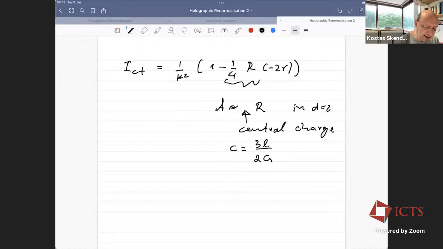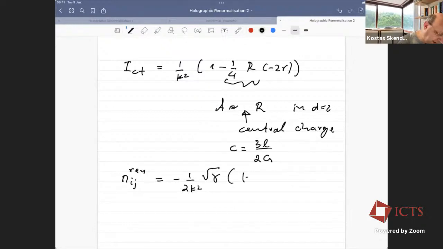And now once we add the counter term, then they normalize. So now the normalized P_ij is just given with the terms that have the right scaling, because we have already removed the pieces that have a wrong scaling.